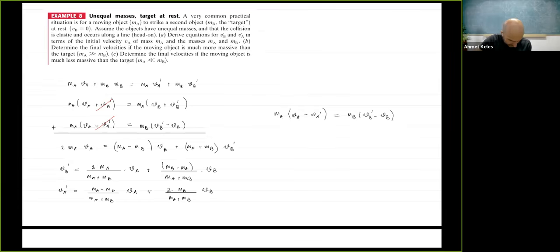Now I will do exactly the same thing, but I'll try to cancel the VB primes. For that, I write VA plus VA prime should be equal to VB plus VB prime, and I multiply this side with MB, this side with MB, and I take the difference now.